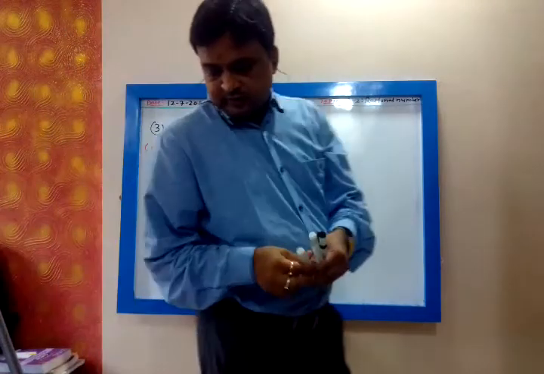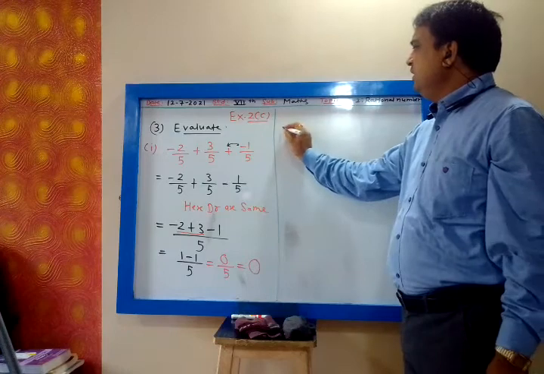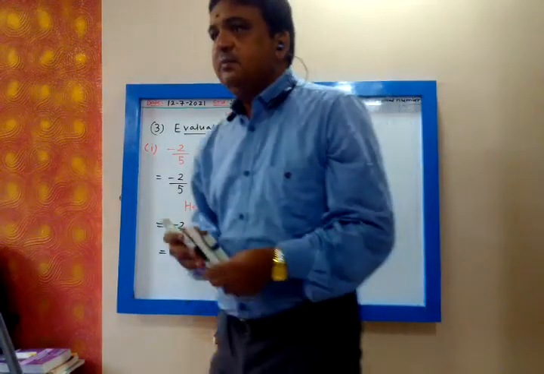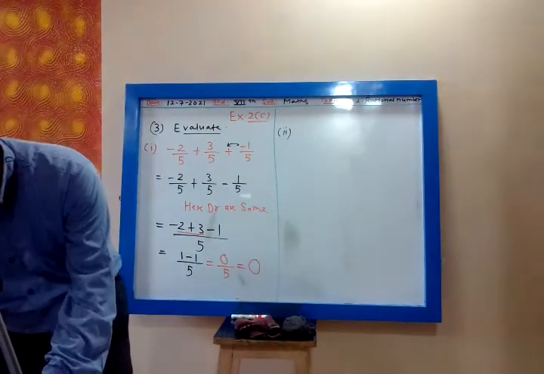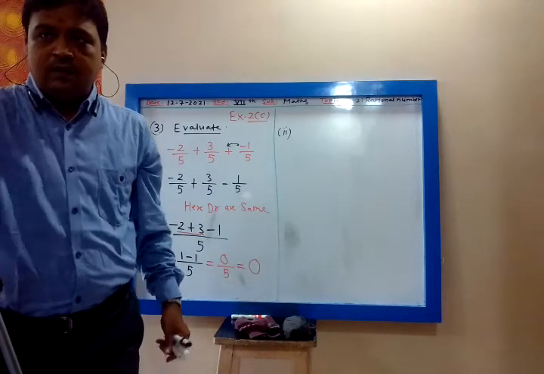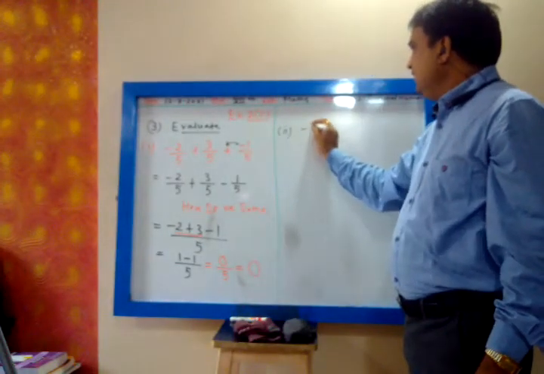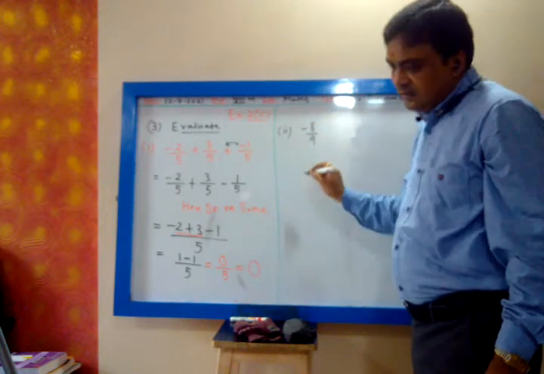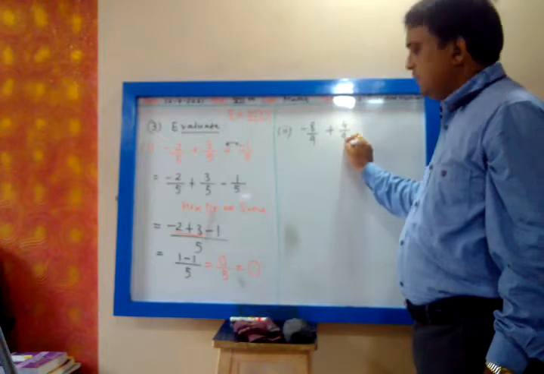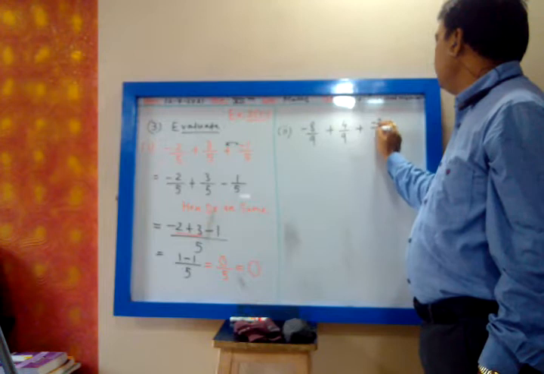Okay. Then second: you can add as many rational numbers as you want to add. Working method will remain same. Now minus 8 by 9 plus 4 by 9 plus minus 2 by 9.